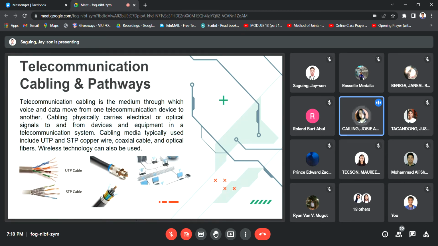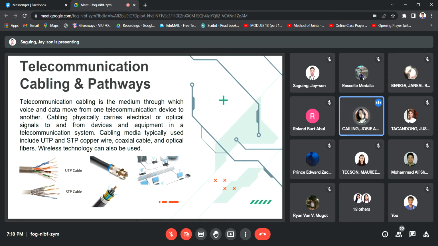A telecommunication cable is a type of guided transmission medium. It is used to enable two-way communication over long distances by transferring information from one spot to another. The cabling media typically used include UTP and STP, shielded twisted pair copper wire, coaxial cable, optical fibers, and wireless technology.